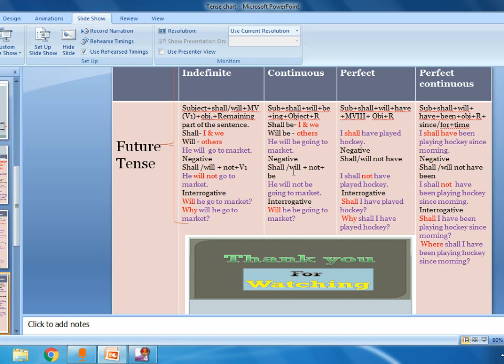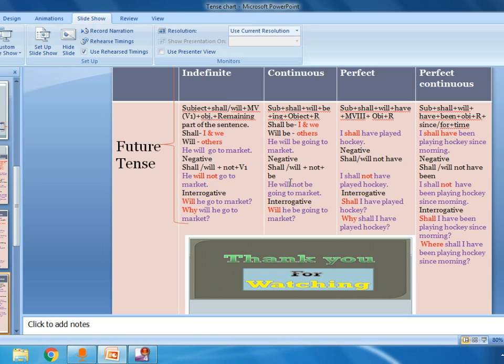And for negative we use not just after shall and will. He will not be going to market. Just after will we use not here. This shows the sentence is negative, and will shows the sentence belongs to future, and first form of the verb plus ing shows the sentence is continuous.